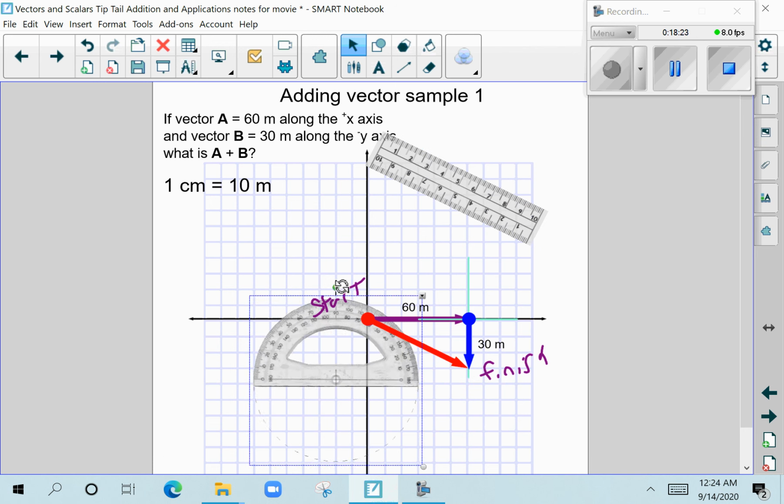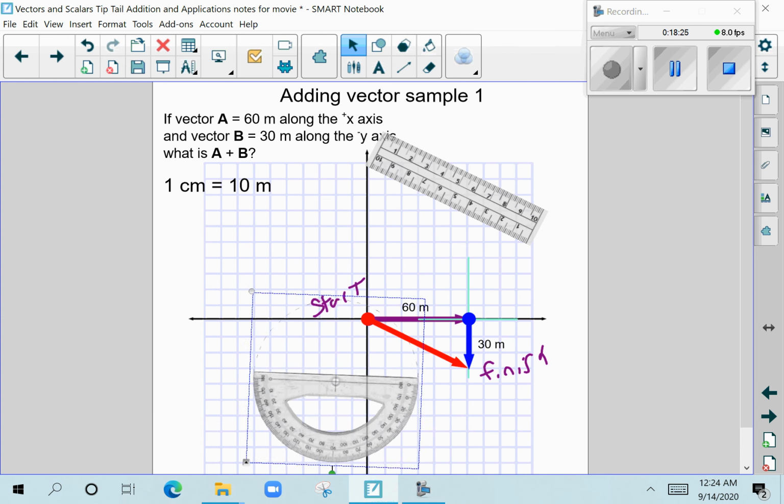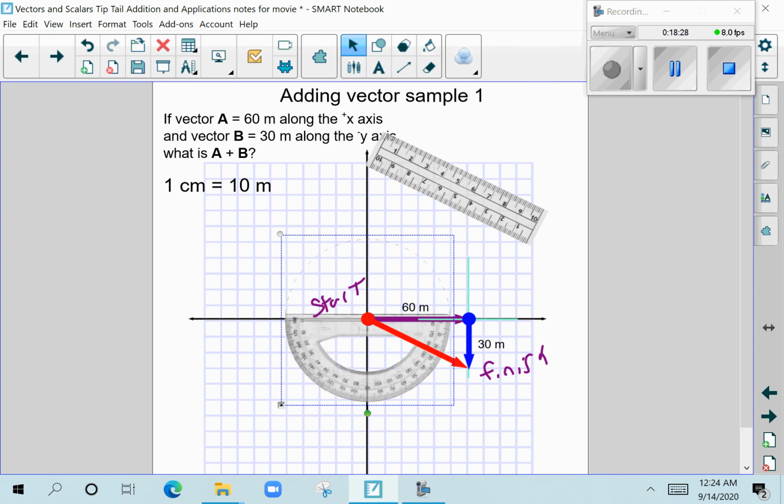To do this, you simply line up the protractor with your axis. Make sure the little dot is on the point where the vector is starting, and you can simply measure this out and see that this is about 25-ish degrees, which would be below the positive x-axis, because here's my positive x-axis, and I'm going about 25 degrees below that.